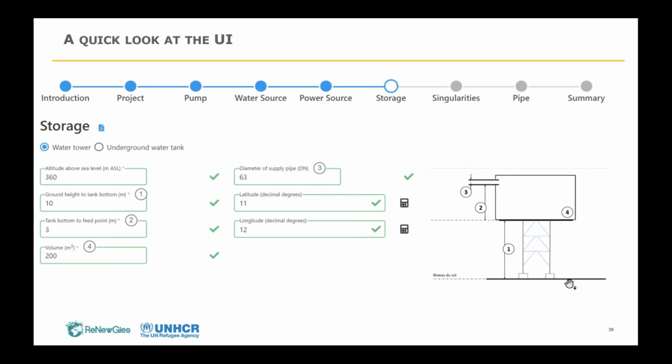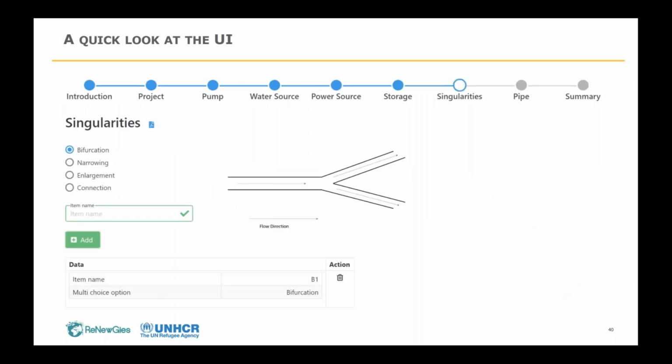And the next view will be adding singularities or nodes to the network, so we have the broadest view possible of the network, and it allows us to assess complex networks and complex installations.